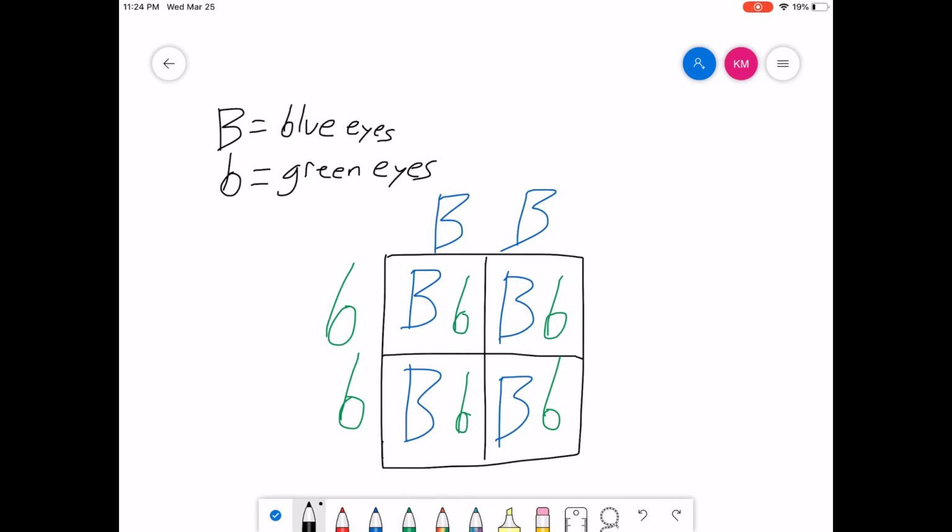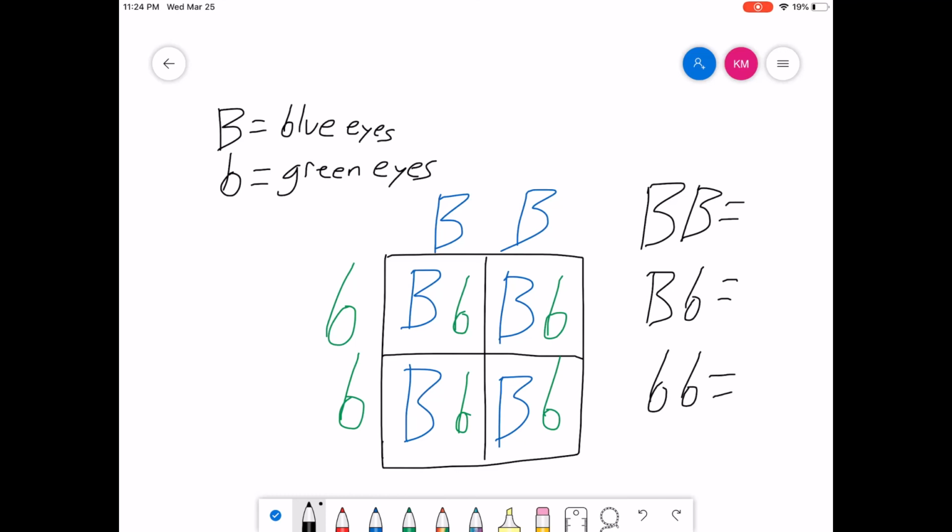So this makes it a little bit easier when we talk about our 3 possible genotypes. 3 possible genotypes, once again, were 2 big B's, which is homozygous dominant, big B, little b, which is heterozygous, and little b, which is homozygous recessive.